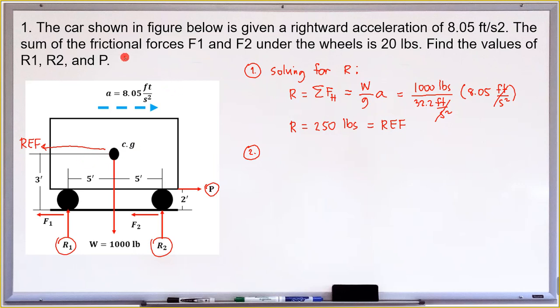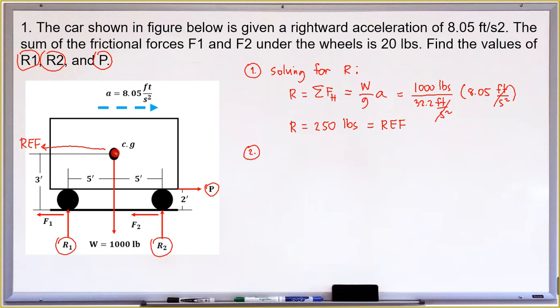Remember that our unknown forces are three: P, R1, and R2. If you choose a pivot point where all three are present, it is harder, because there are three unknowns.